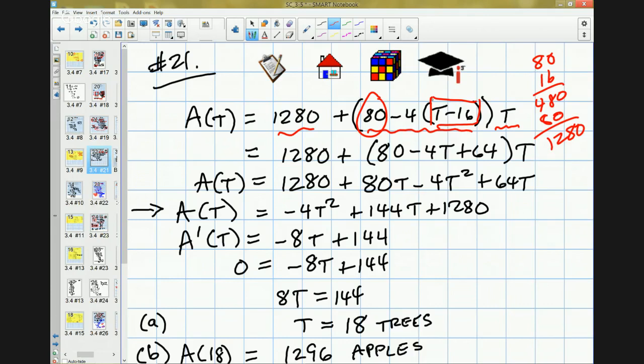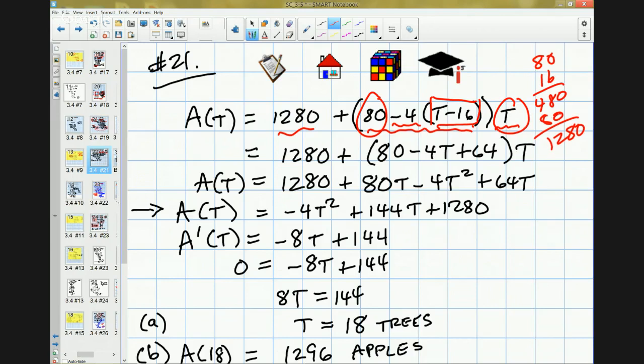So this is my over 16 amount. For every tree over 16, you lose 4 in the yield. So that's why I wrote 80 to start off with, minus 4 for every tree over 16. That's what this is supposed to say. Now take that rate times the number of trees, and you've got your equation.